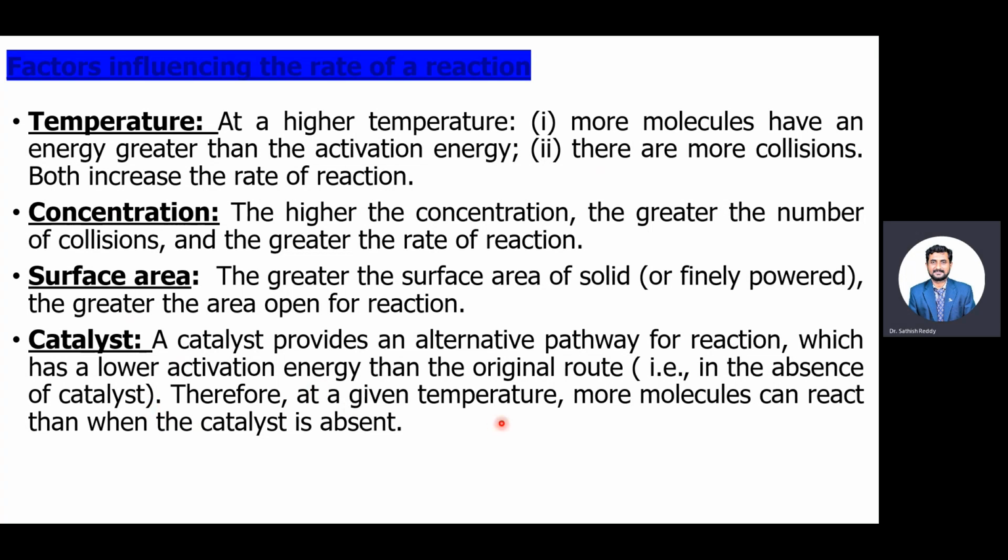Therefore, at a given temperature, more molecules can react than when the catalyst is absent. So it indicates that the catalyst provides an alternative path with a lower activation energy than the original route.